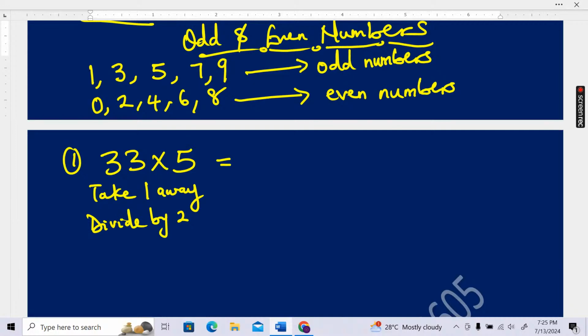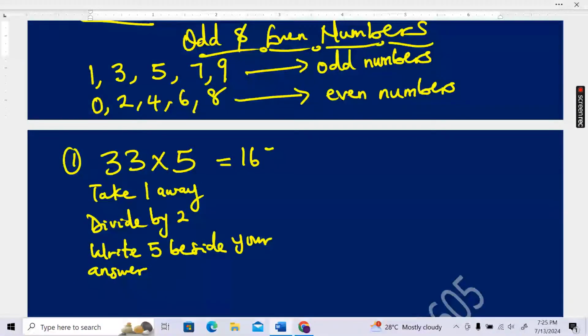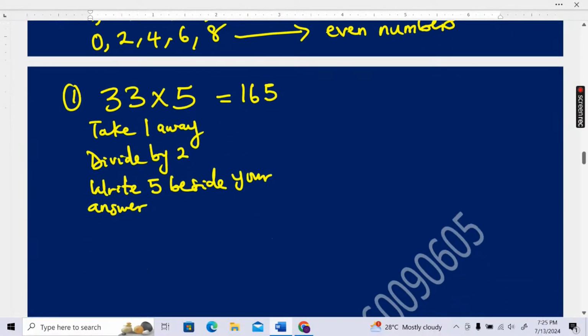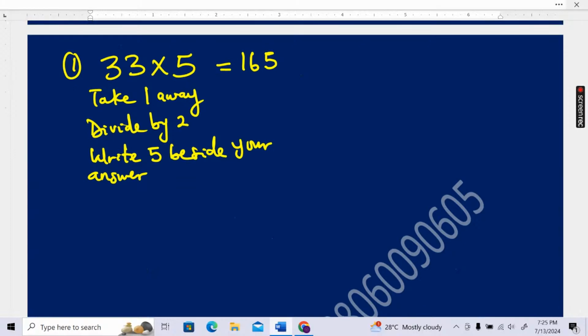You will have 16. Then write 5 beside your answer. So 33 times 5 is equal to 165. That is multiplying odd numbers by 5.